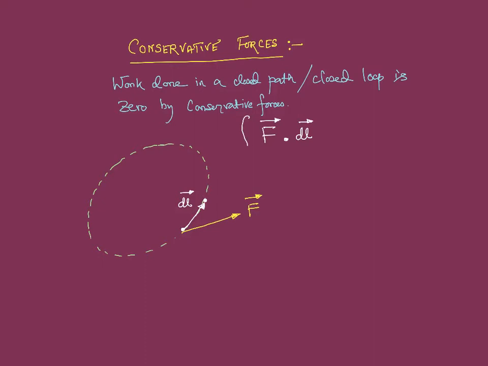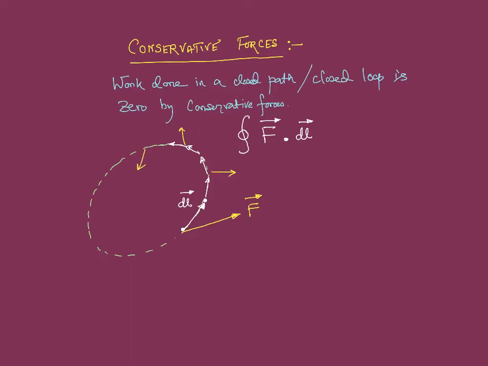Now you integrate it along the closed path. So you give this round sign, which means it is the closed integral. Then again take dl, like this, and there are these forces also. Somewhere it is like this, somewhere like this, somewhere maybe like this.